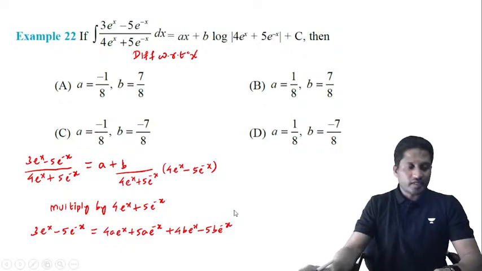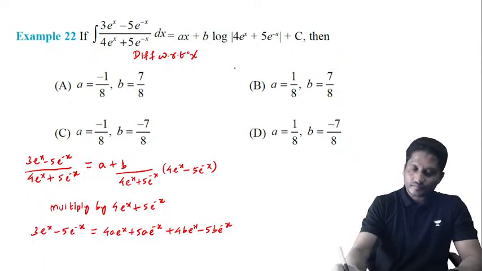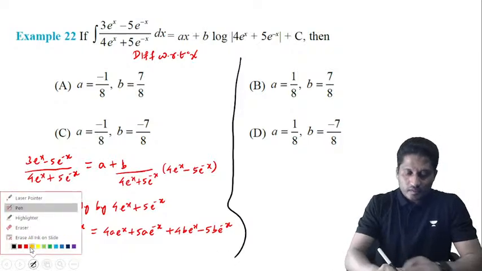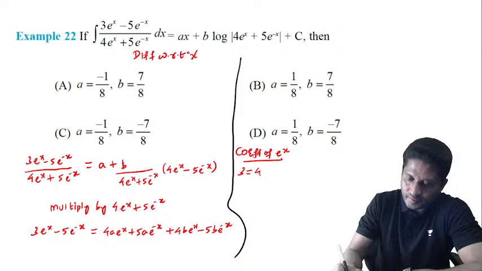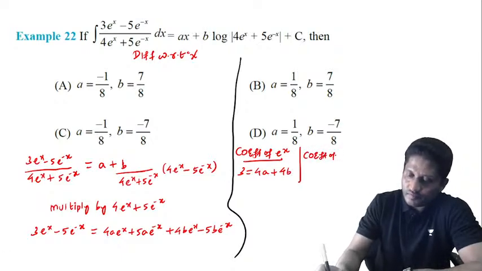Right, now if I equate the coefficient of e power x, you will get 3 is equal to 4a plus 4b. Okay, now equate the coefficient of e power minus x. Left side is minus 5 is equal to 5a minus 5b.